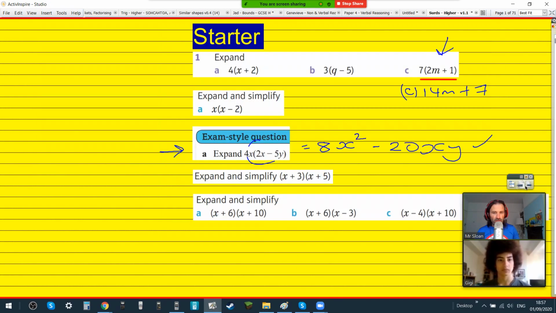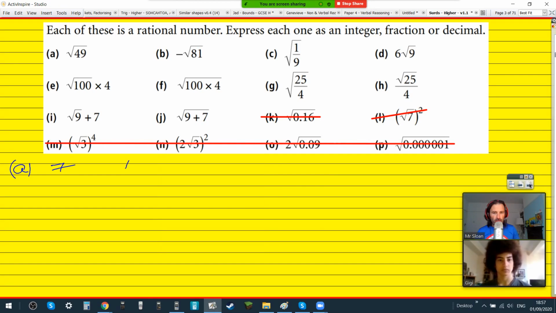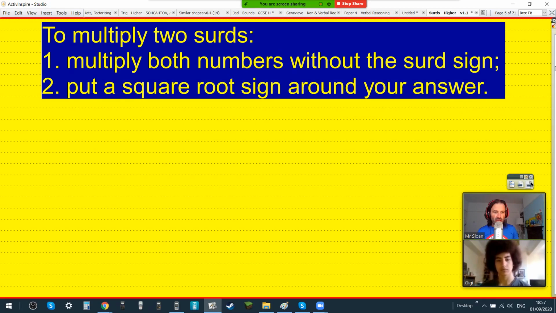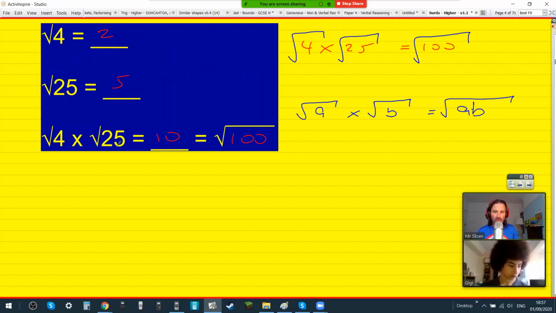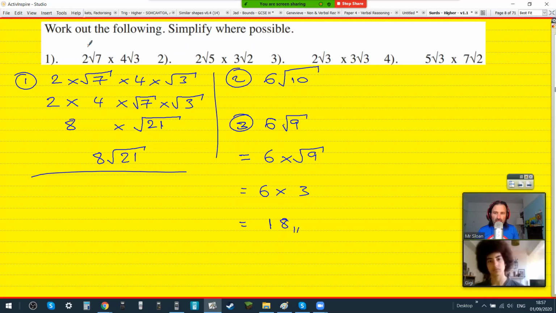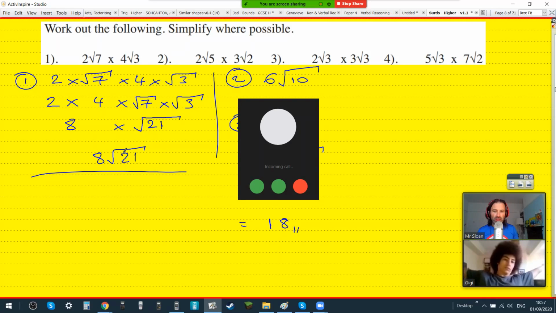What this stuff showed you was to multiply surds. You can just multiply them like normal numbers. Root 4 times root 25, that's the same as 2 times 5, 10. 10 is root 100. It all works out.